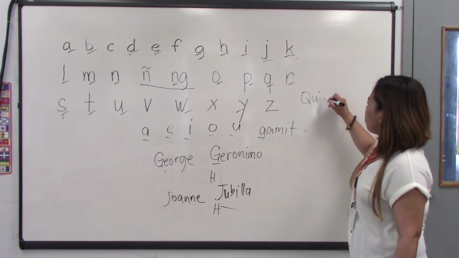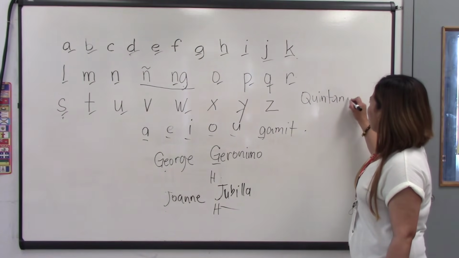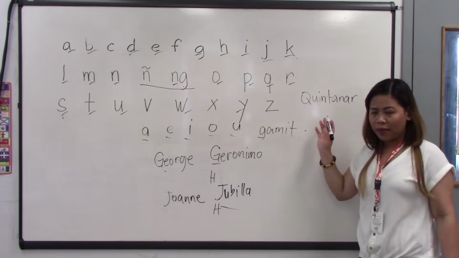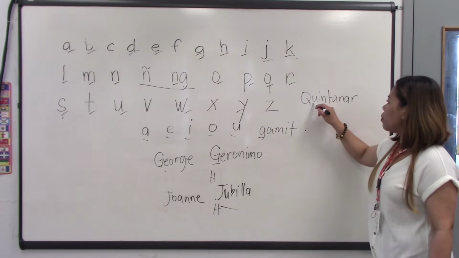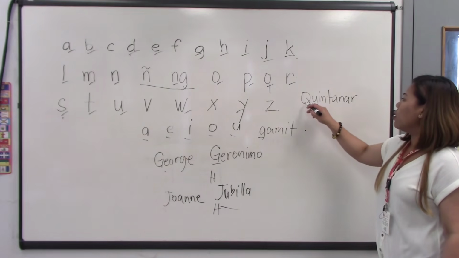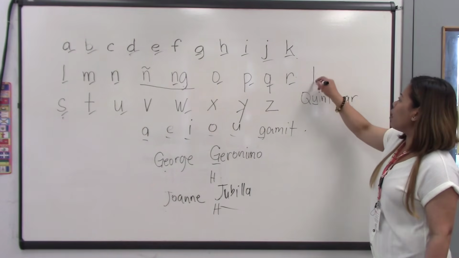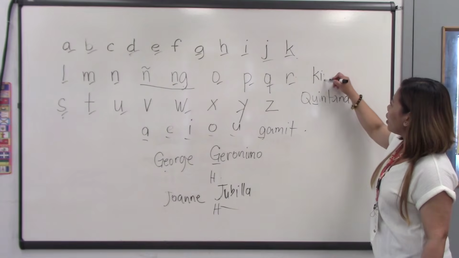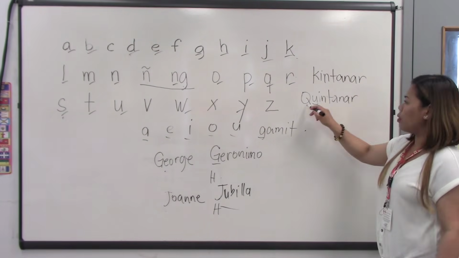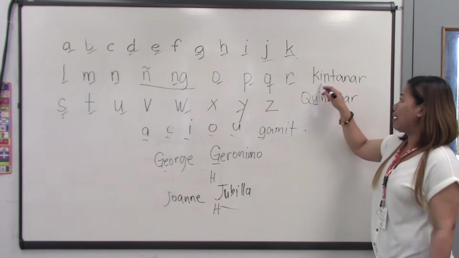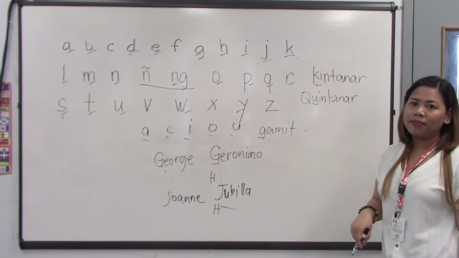For example, Quintanar is a last name. So Q here, we don't say Kwintanar. We don't pronounce this U. Just the Q and I, it would make Kintanar. So we don't say Kwi, we say Ki, like K and I.